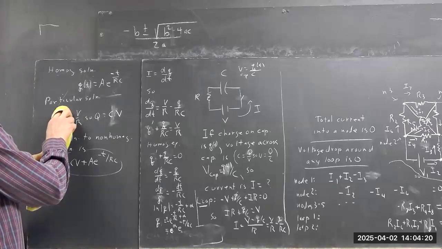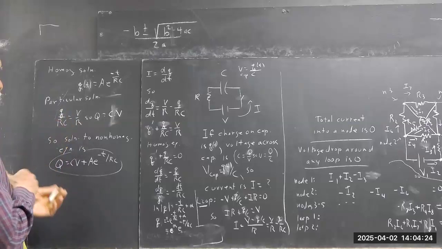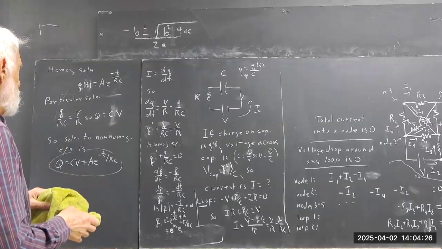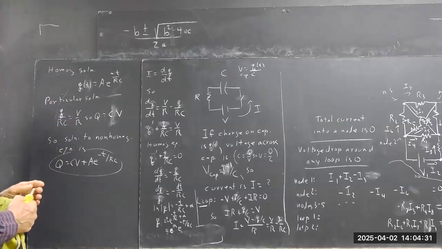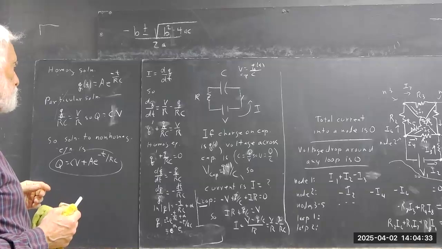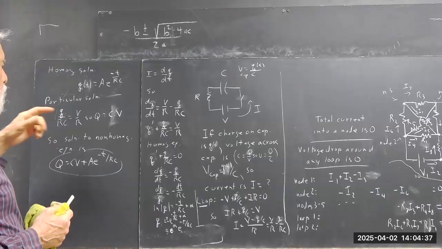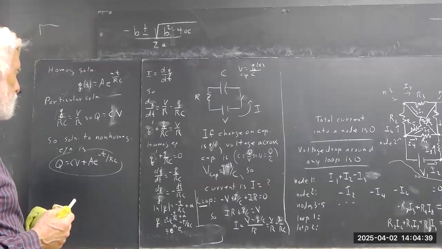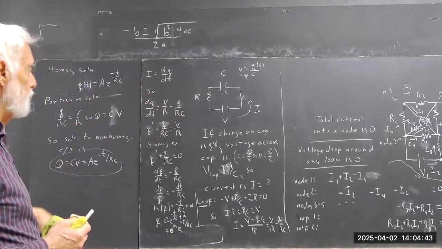The particular solution, using lowercase q over here: Q prime plus Q over RC would equal V over R, where Q is a function that satisfies this equation.